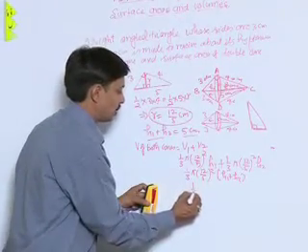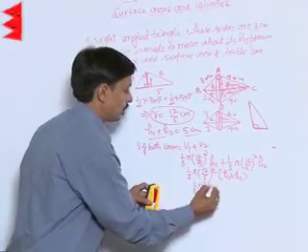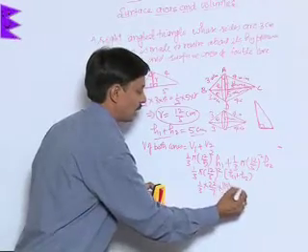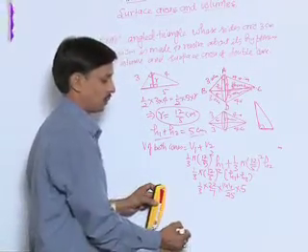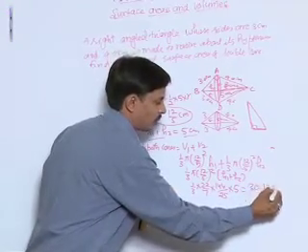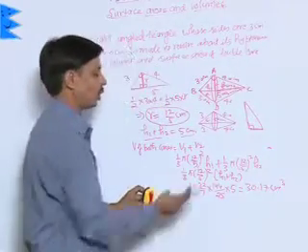So the answer is 1 by 3, 22 by 7, 12 square 144, 5 square 25, h1 plus h2 5. On simplification this comes as 30.17 centimeter cube.